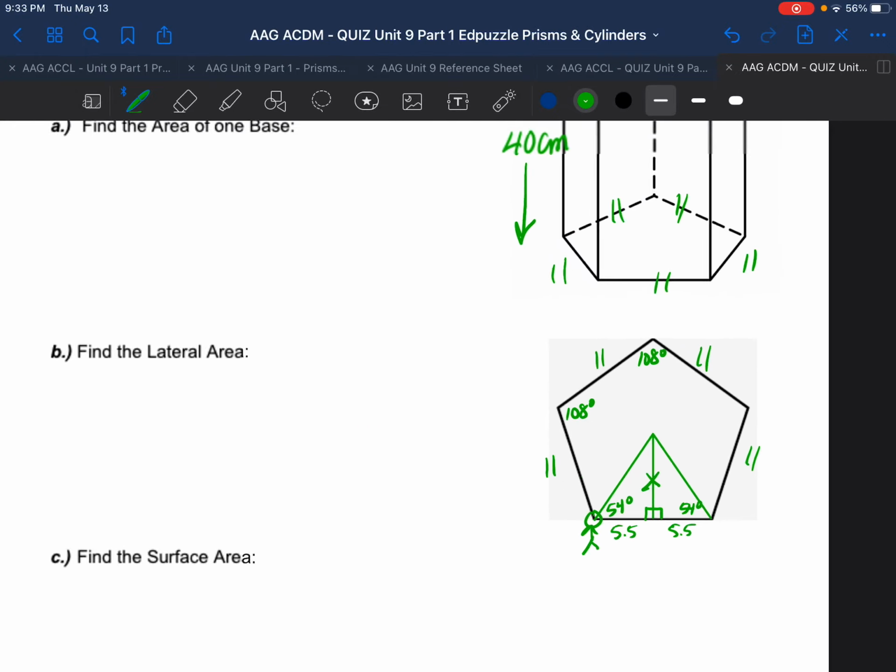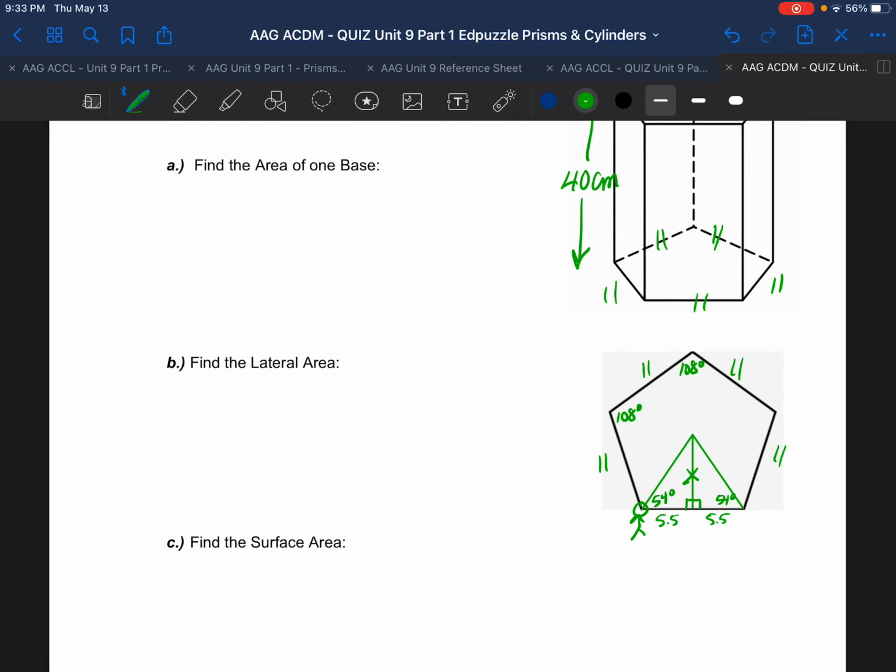So ladies and gentlemen, there's my hint. What you're going to do is use some trigonometry, and then you're going to find the area of the full pentagon, right? One base, okay? So as a hint, here we go. You're going to have 5 times 1/2 little bh. Good luck. Find the area of one pentagon.